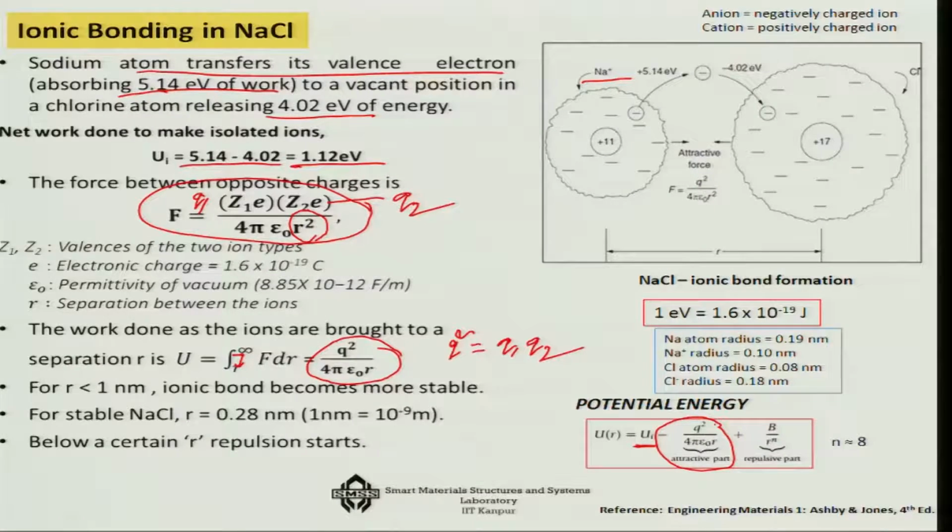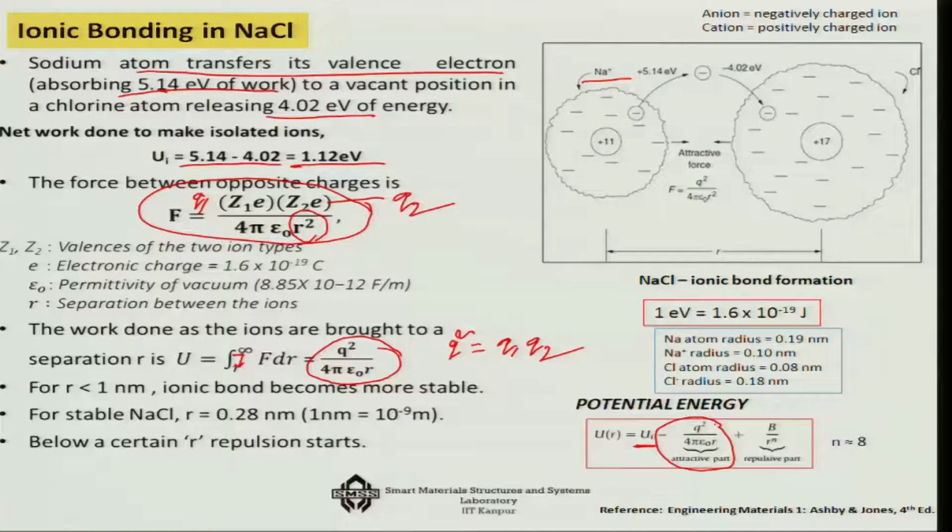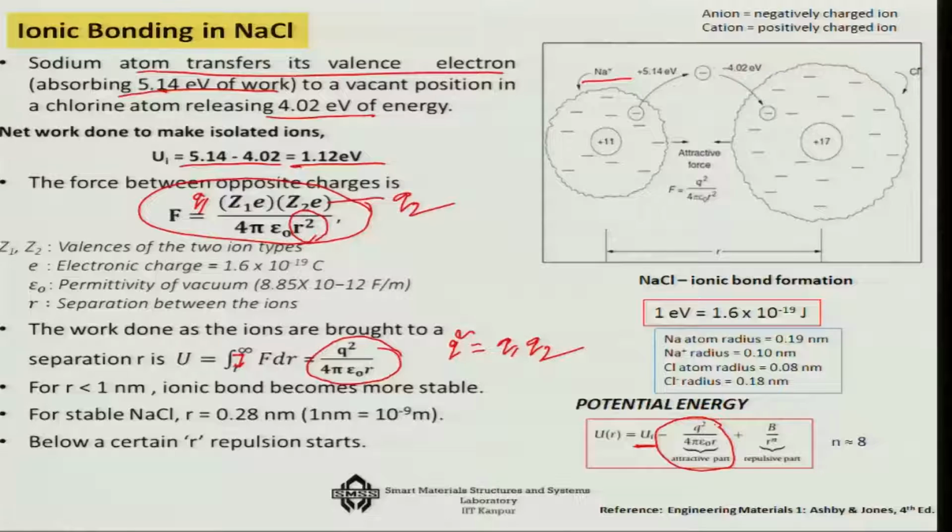If you think of it coming closer and closer together, it will never happen that one is going to collapse on the other. The moment these two come very close, their nuclei, which are positive, will start to have a kind of repulsion after penetration of the electron clouds. That repulsion is modeled by a constant divided by r to the power n, where n is approximately 8.